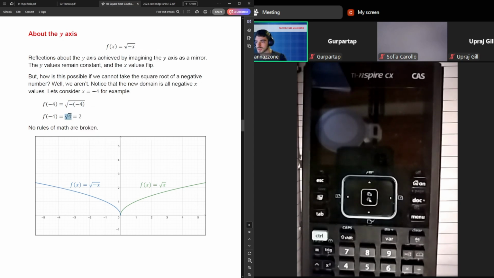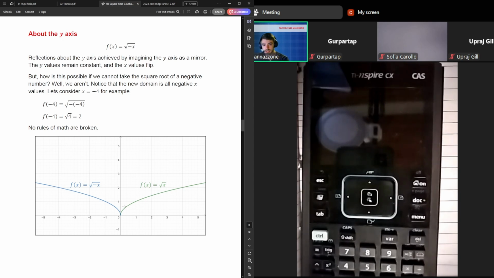Negative negative 4 is positive 4, which gives you the solution of 2. Technically it gives you plus or minus 2, but as I said before, we're only taking the positive solution when we have a positive on the outside of our root. So it's for that reason that you are allowed to have a negative variable. You just can't have a negative number in the root.